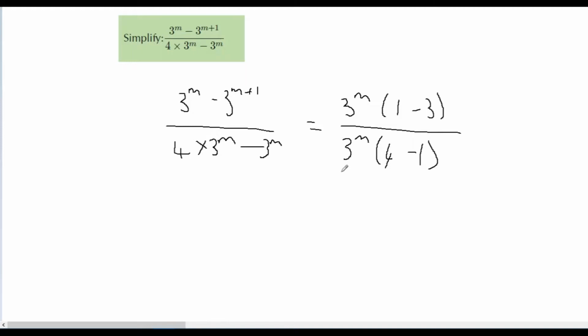It's not solving for x, it's not an equation, so we can cancel out the unknowns. So those two cancel. 3^m over 3^m is just 1, right? So we're left with 1 over 1 minus 3, which is just minus 2. Check on your calculator if you don't believe me. And we have 4 minus 1, which is 3. So our final answer is minus 2 over 3.